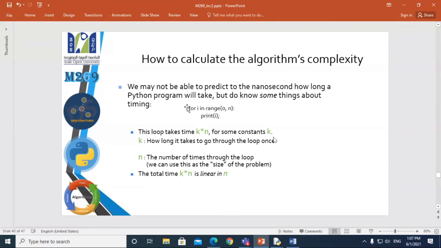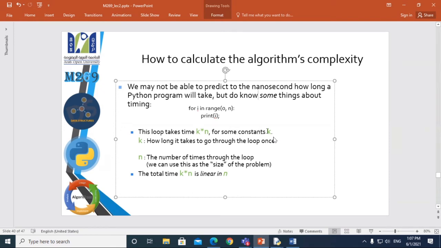مثلا نفس example, the same example. How long will it take? Don't tell me 5 seconds. That we don't care. Yeah, in times مثلا. We don't care about those numbers. So this loop اللي هو ذا الآن takes time k times n, for some constant k. طيب أستاذ شيخان based on what؟ حتشوف الآن.